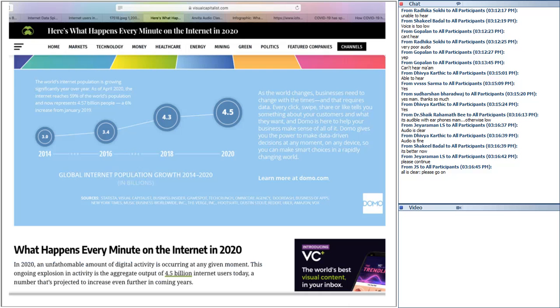Then as per this study, done by Lomo, from 2014 to 2020 there's almost a 50% rise in internet population growth. This study also suggests that almost 60% of the population is on the internet. So this is the number.